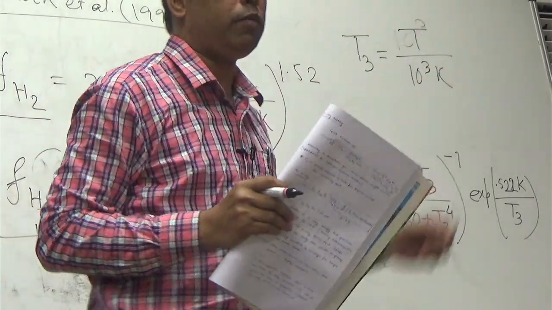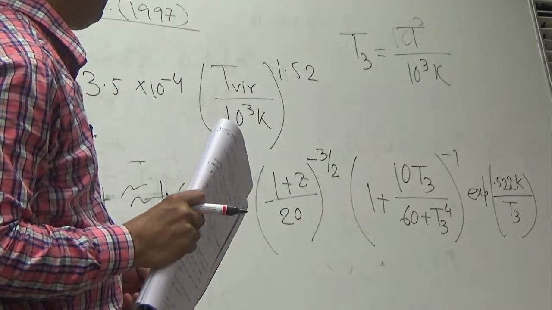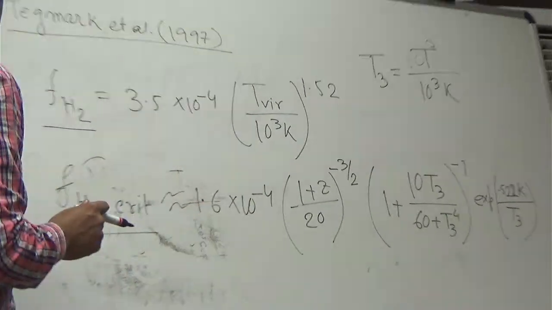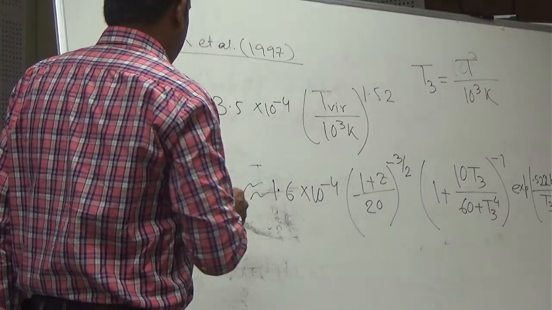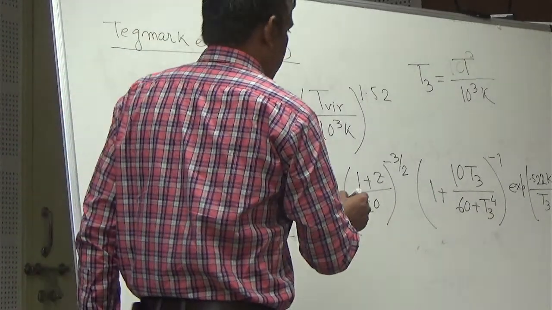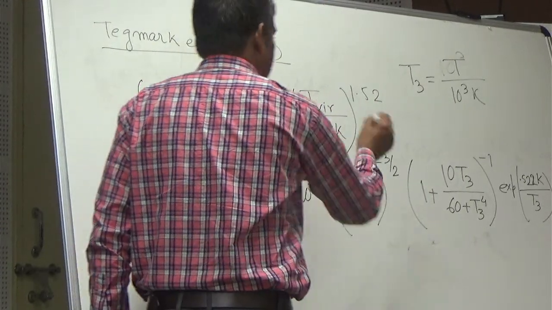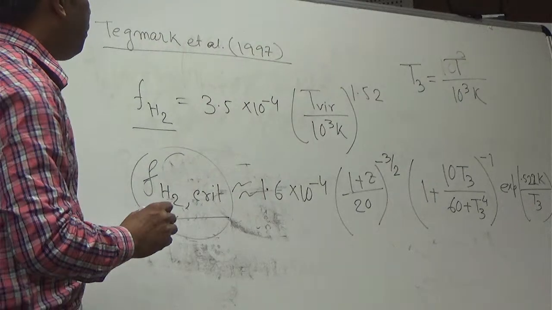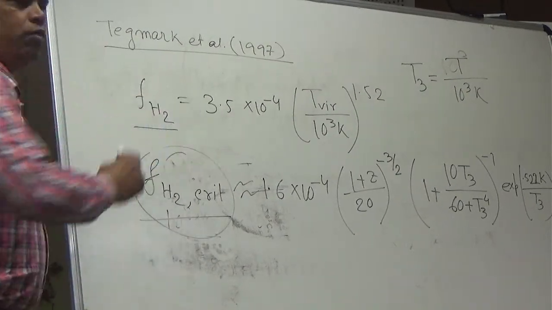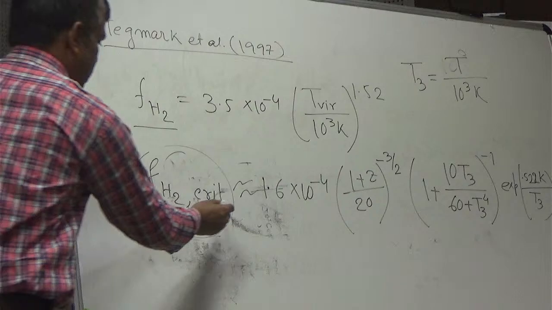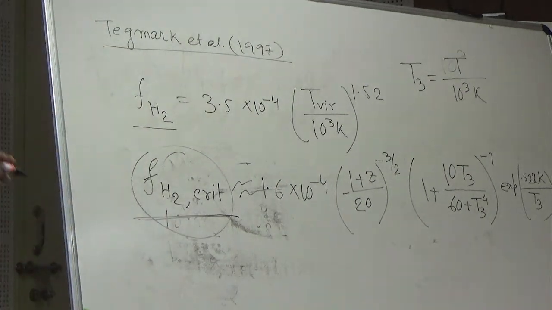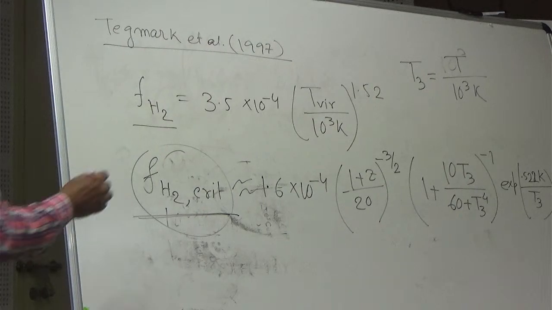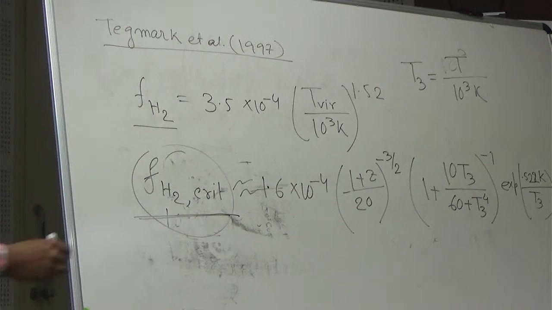So now this fraction depends on virial temperature. If you compare these two relations, this is the minimum fraction you need to start Pop III star formation, and this is the available fraction. These two.